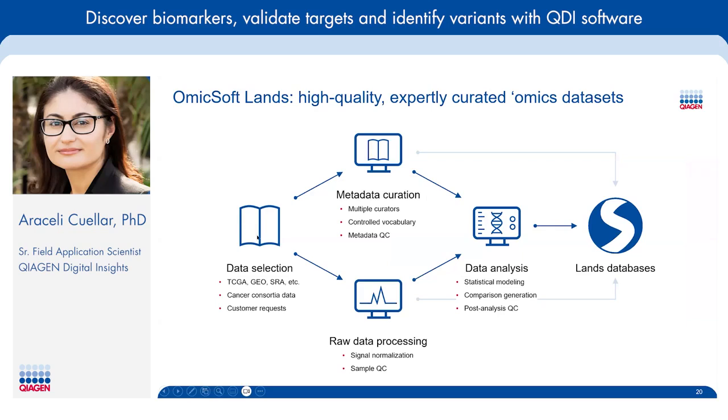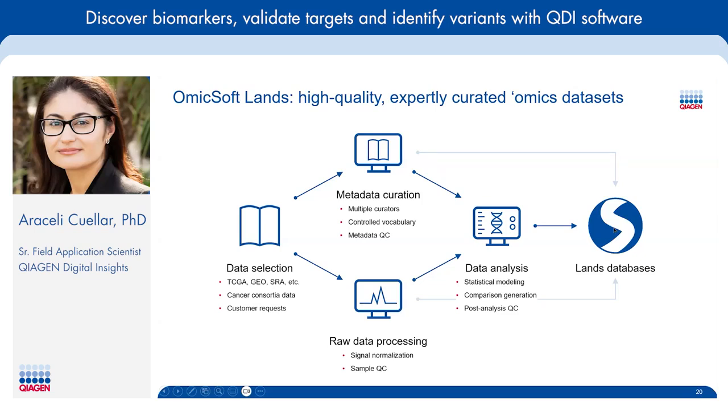And so we have a team of scientists that manually curates and analyzes public data sets that are deposited, for example, in GEO, SRA, that may be from consortiums such as TCGA, and process that data and deposit it into this LAND database. And so they basically download and QC the raw data, process the data using a standardized pipeline, quantify it, perform statistical analysis, and store all that information into our LAND database, allowing you to compare between data sets.